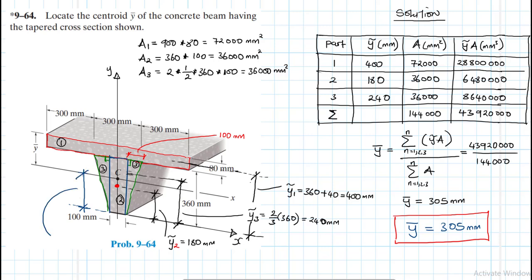That is the position of our centroid, which is y bar equal to 305 millimeters.